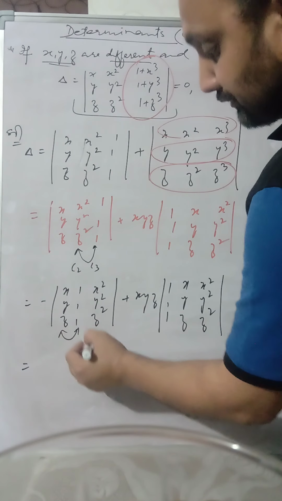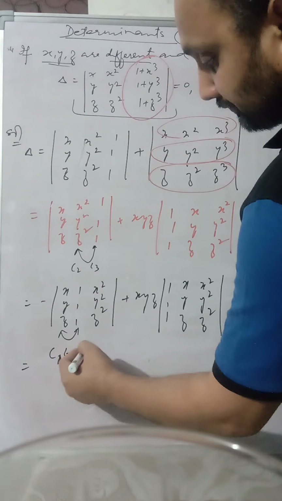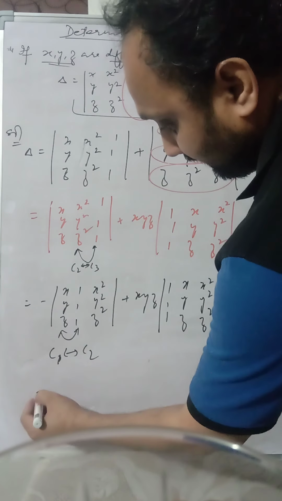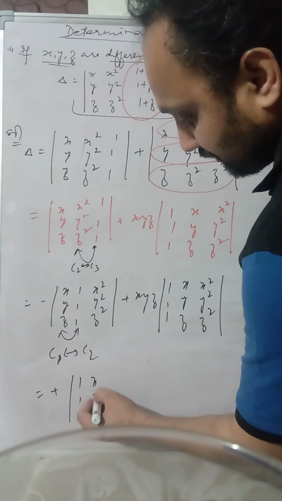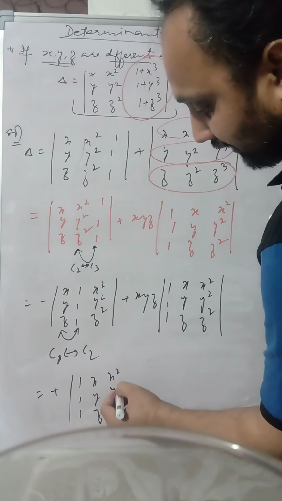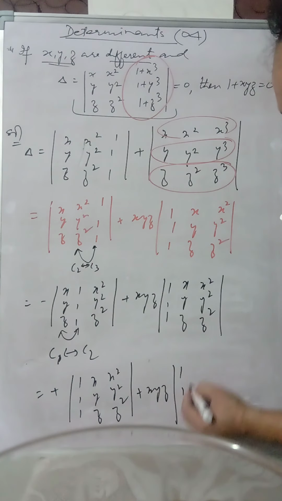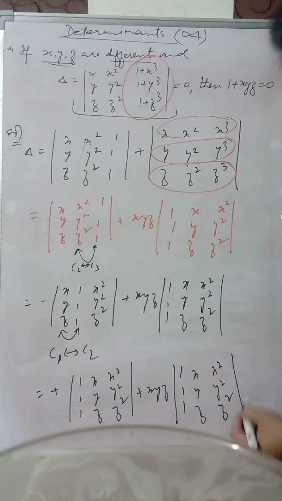Again I'll interchange, this time C1 and C2. Here it was C2 C3, so the minus and minus will make it plus. So it will be 1 plus xyz times the determinant with columns 1, x, x square and so on.